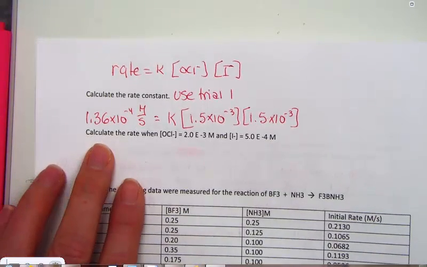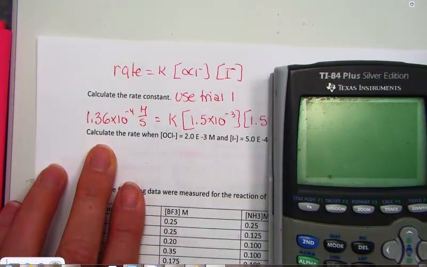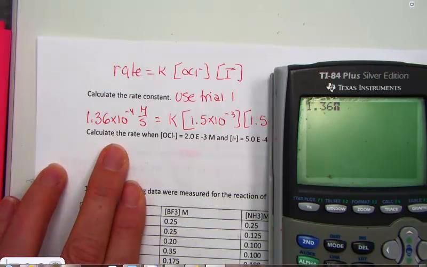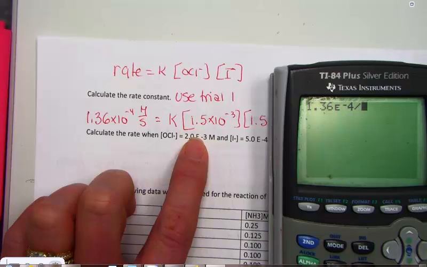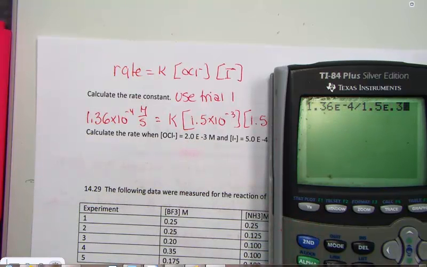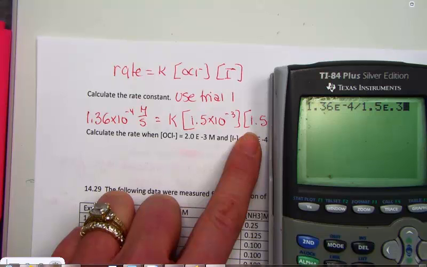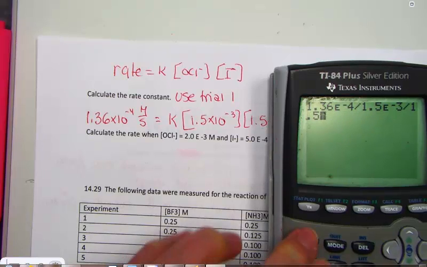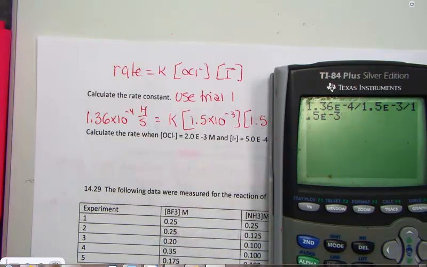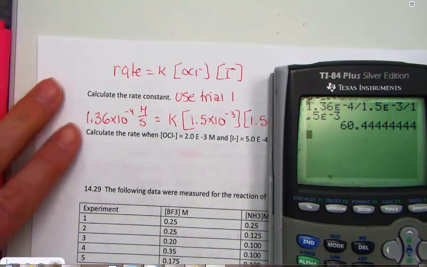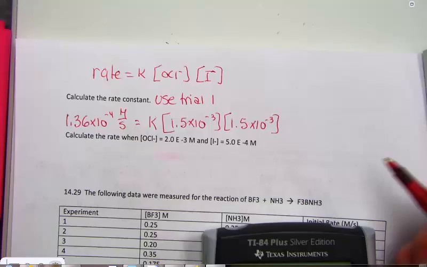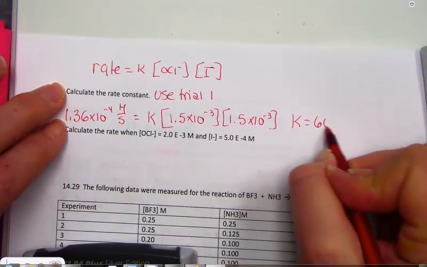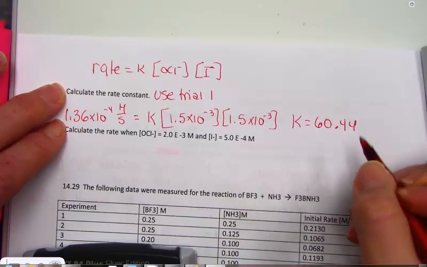Solve for K. Here we have 1.36 E negative 4 divided by 1.5 E negative 3, and since it's the same number, we'll divide again by 1.5 E negative 3. I'm dividing out to isolate K. And when we isolate K, did you get a value of 60.44?